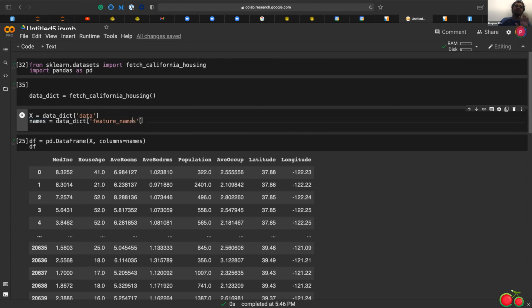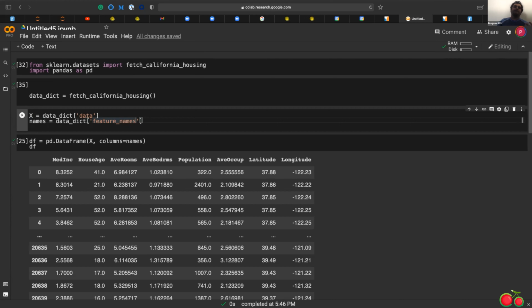Okay. And I'll talk about later why we call them features, because in machine learning you have features and a target. Target is what you're trying to predict. Features are what you're trying to use to predict the target. So that's why they call it features. But for your usefulness at this moment, think of the features as just column names.